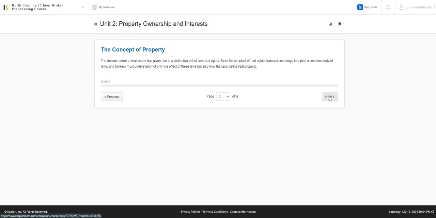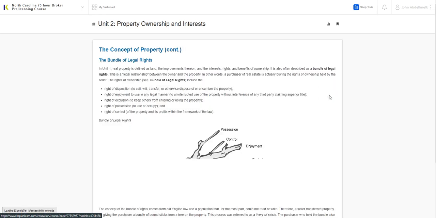Because it's very important as a broker. You need to make sure that when you're selling or buying something for someone, you understand what you're selling for the person and what you're buying for the client.